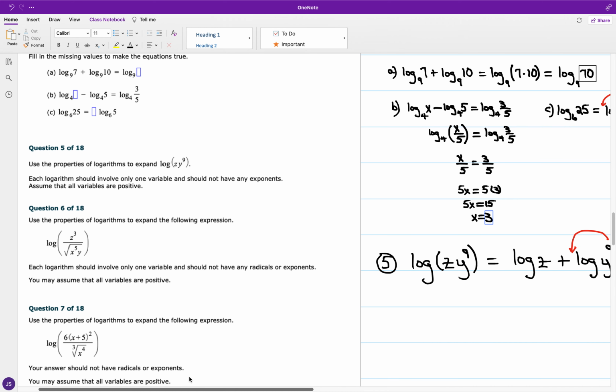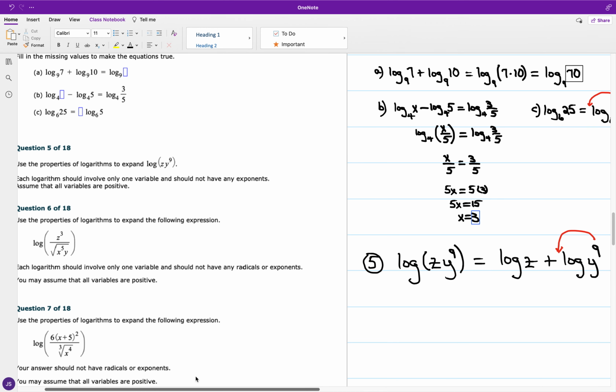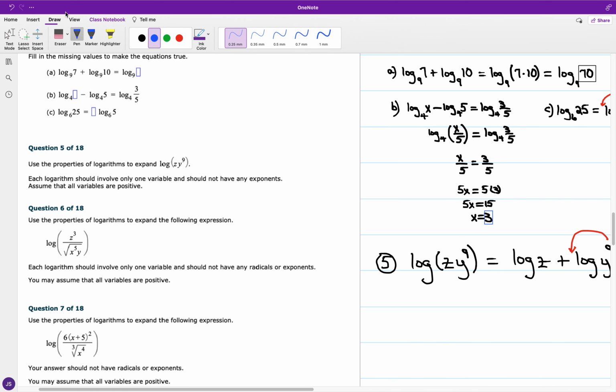Now, for number 6, we're also looking at expanding, and this is going to be a different kind of problem. We've got a radical. Each logarithm should involve only one variable and should not have any radicals or exponents.